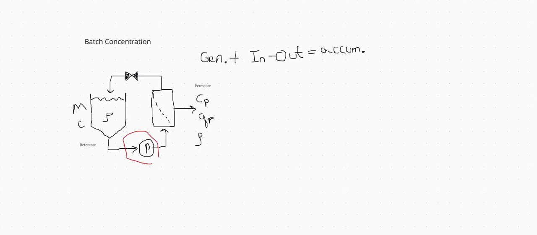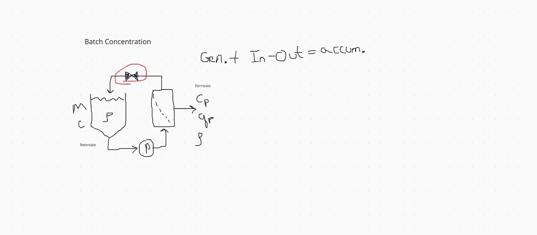Then we have a pump that's drawing liquid from that vessel, pushing it across a filter, and some fraction of that solution will pass into the permeate over here. And the rest is returned through this retentate line here.